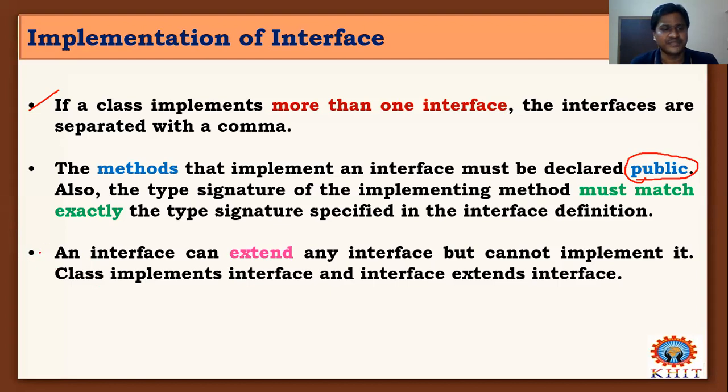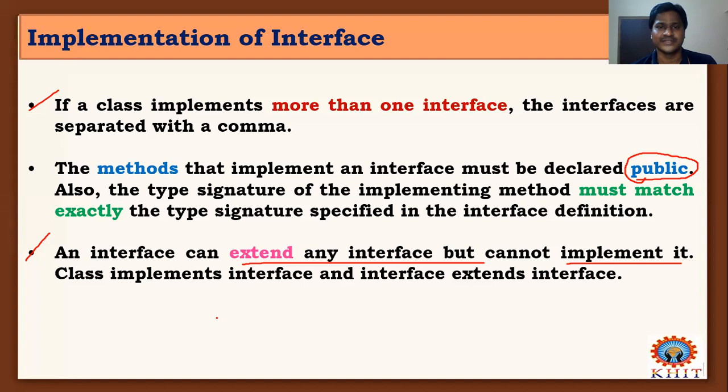Next one, an interface can extend any interface, but cannot implement it, right? An interface can extend another interface. It means interfaces are also used to achieve inheritance.